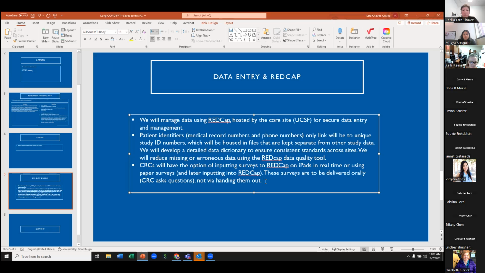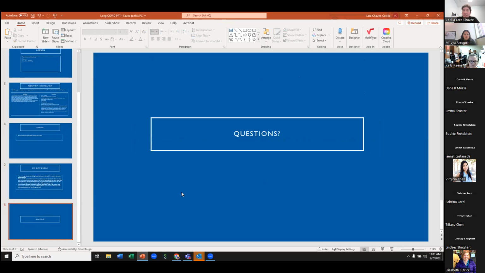However, if you are doing paper surveys or paper screening log, please enter it after into the RedCap so that we can have access to do the quality assurance reports. And that's pretty much it. Do you guys have any questions?